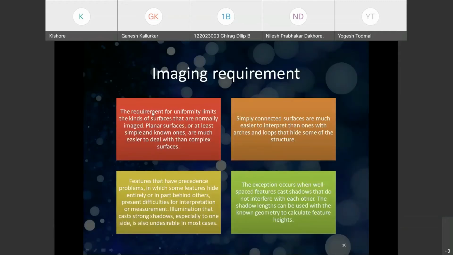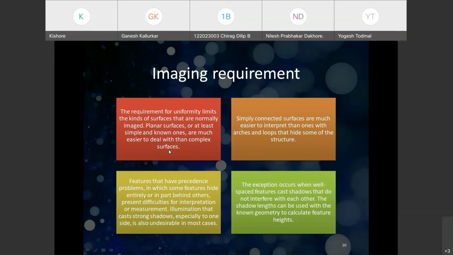The requirement of uniformity limits the kind of surfaces that are normally imaged. Planar surfaces, or at least simple and known ones, are much easier to deal with than complex surfaces. If you have ever used a toolmaker's microscope, you would know that we can only focus at a certain distance. Whatever is visible on that plane is very clear to visualize.